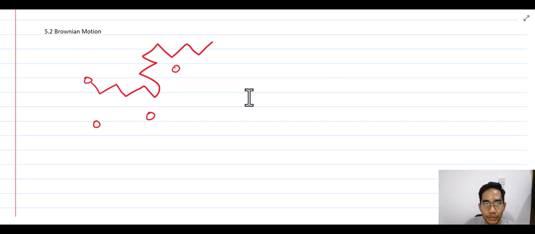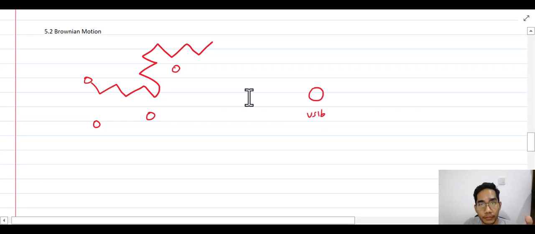Now, this motion is caused by the collision between the visible particle with the invisible particles. So what are the invisible particles?